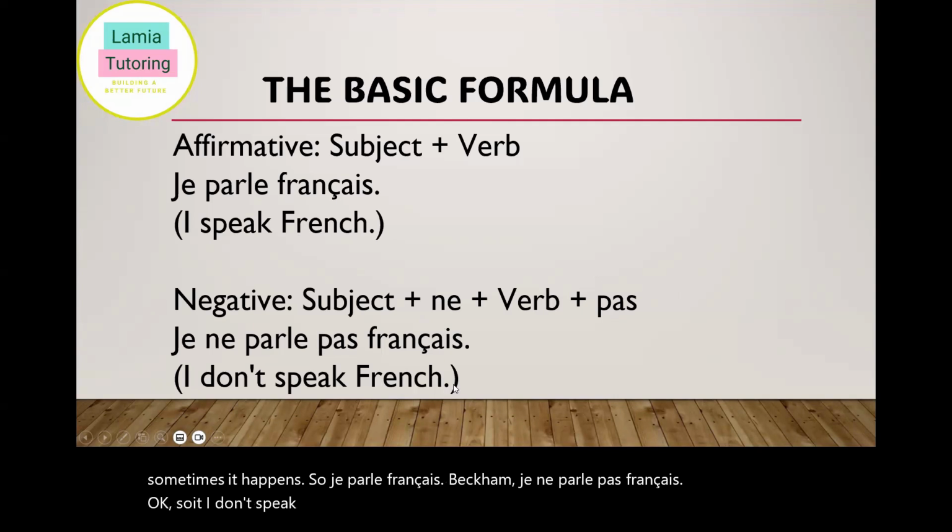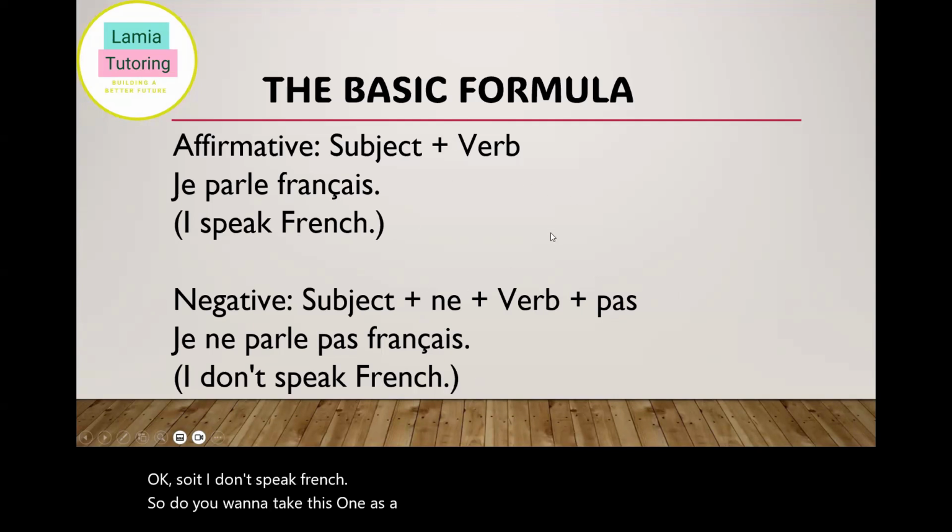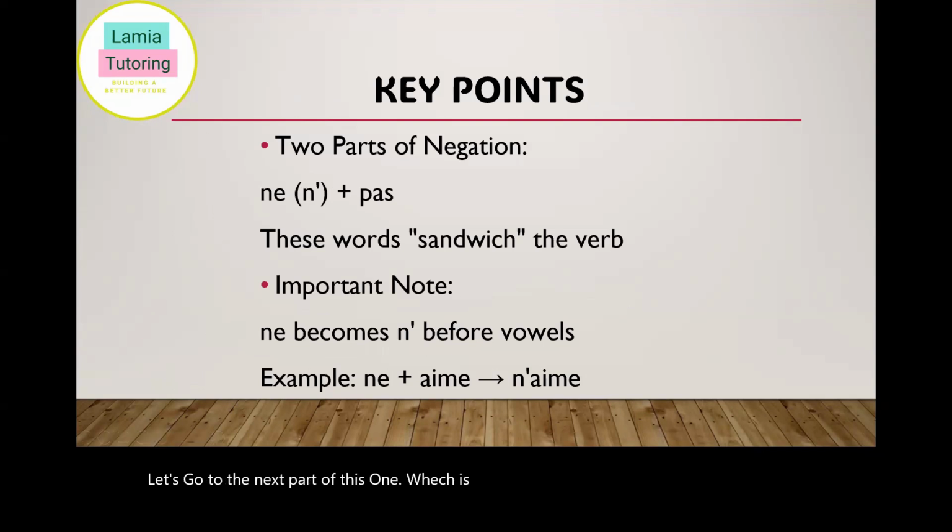So, do you want to take this one as a note, the basic formula of it? Please do. The next part of this one is actually the two parts of negation and the important note about it. So, key points.